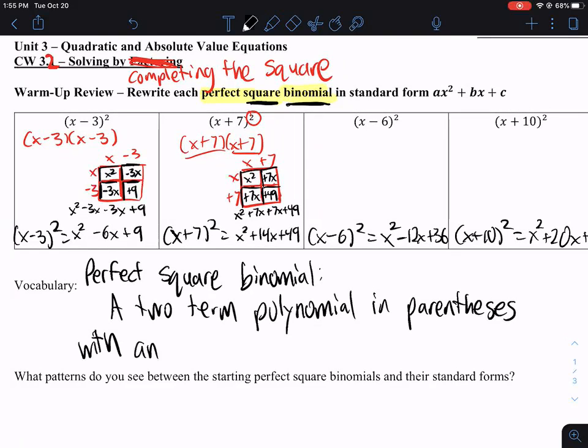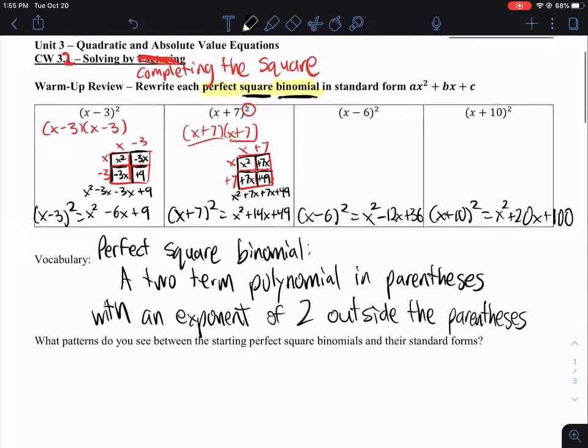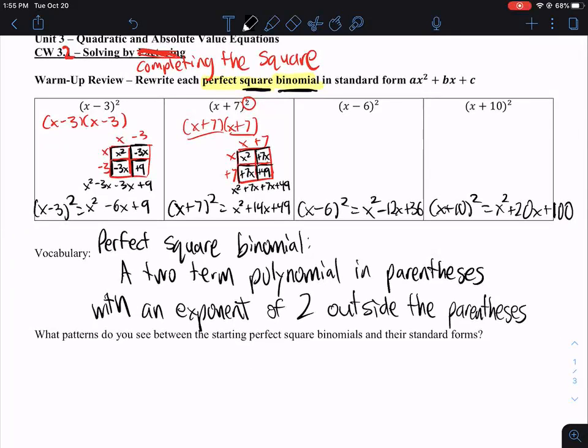And then now for the square part. Okay, so these things called perfect square binomials can be useful in our goal of solving equations with x to the second power.